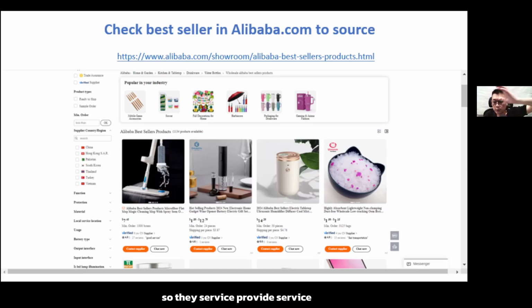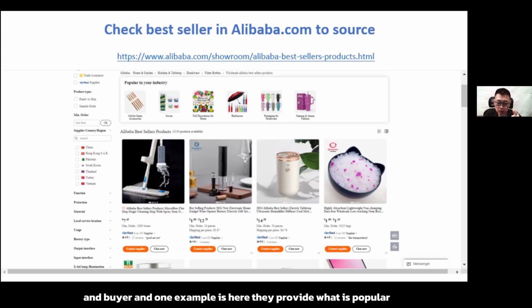So they provide information for suppliers and buyers, then match them to help them make transactions. That's the goal of Alibaba, or of any kind of marketplace, Shopee, Amazon, eBay. So they have to enhance the transactions and the conversion rate. So they have to provide enough information to educate the supplier and buyer.